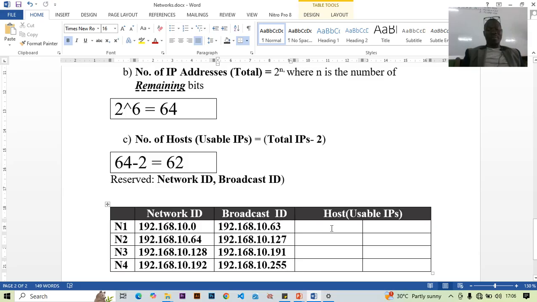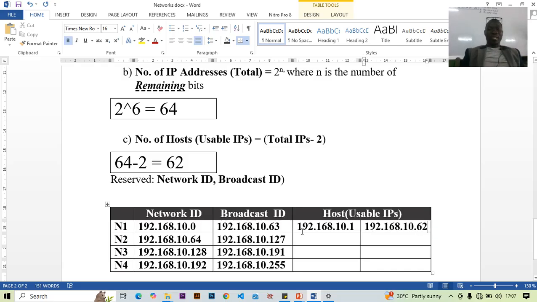Now to find the usable IP addresses, just a matter of writing that, and from 0 you go to 1, and the last one in network 1 will be that dot 62. Within this network, from 1 to 62, those are the ones we give to our clients in network 1.